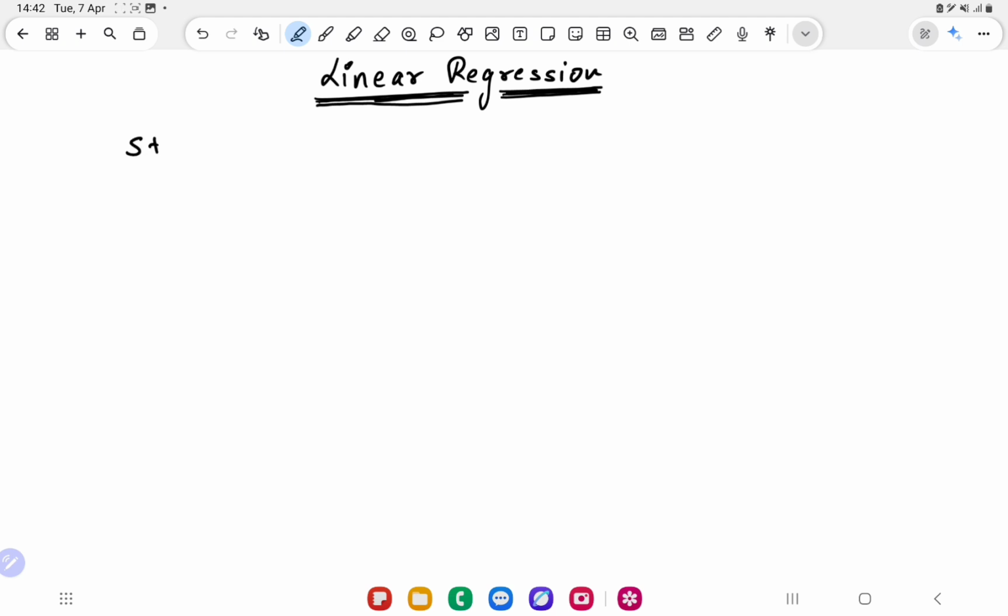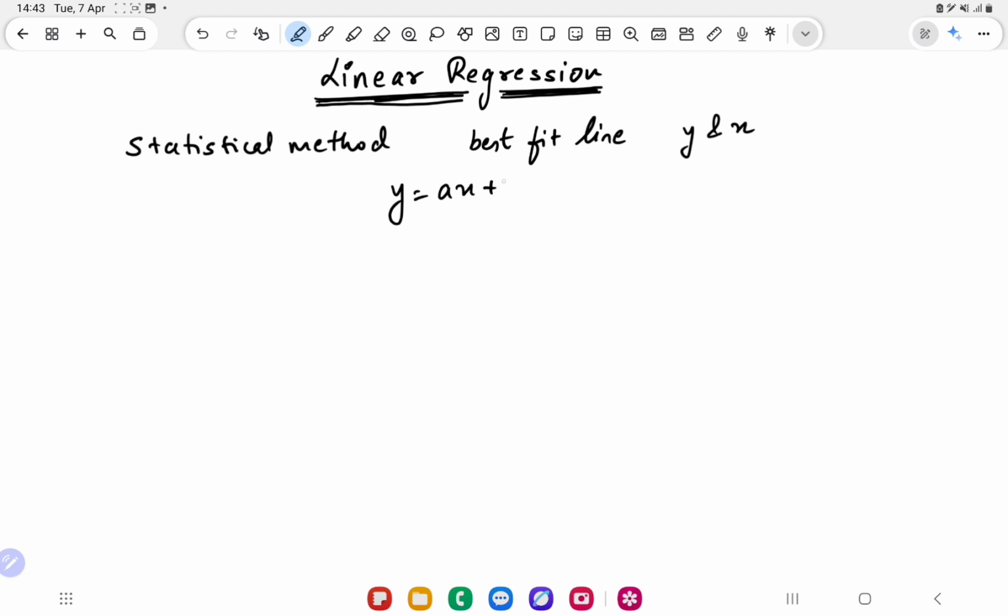Linear regression is a statistical method used to find the best fit straight line that represents the relationship between two variables. Let's say I take variables y and x. Usually it is written in the form y = ax + b.